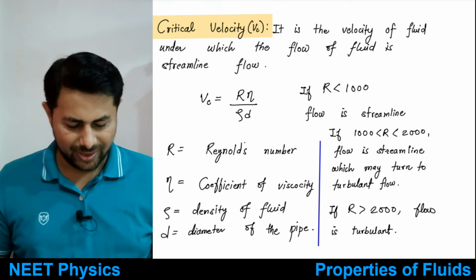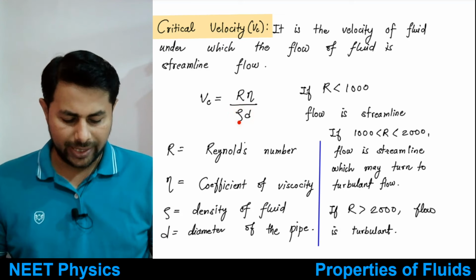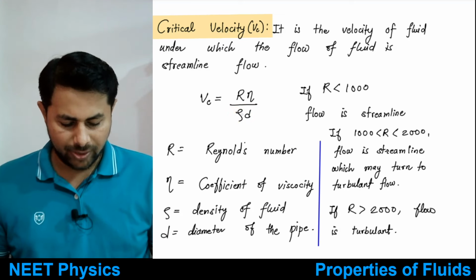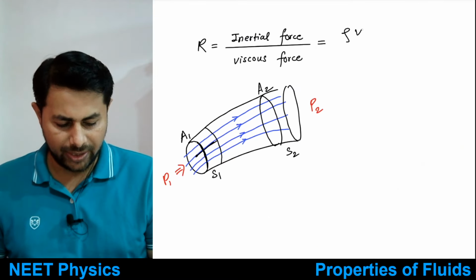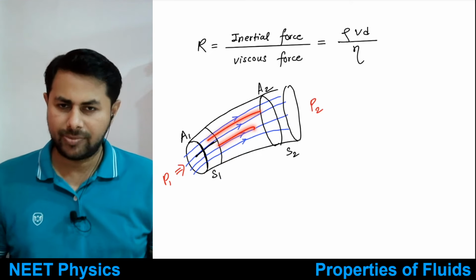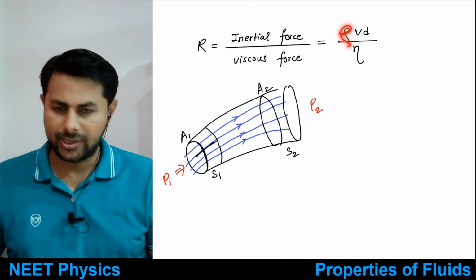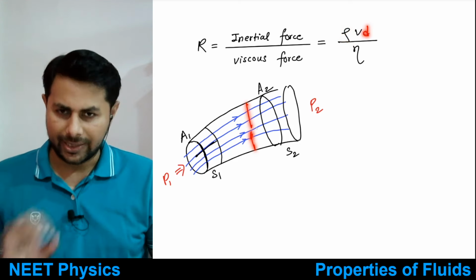Okay, and the Reynolds number will come out to be equal to rho times Vd by eta. Suppose V is the speed of fluid, rho is the density of the fluid, and D is the diameter of the pipe at a certain place.